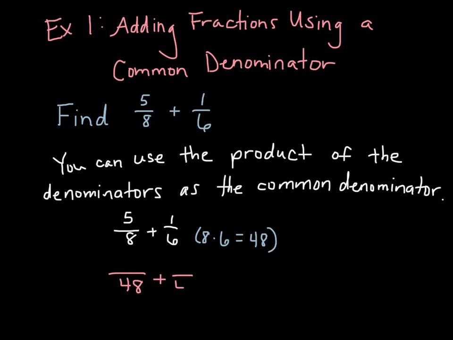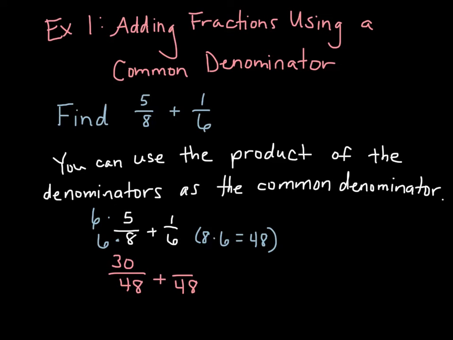And remember, when you're changing fractions, whatever you do to one part of the fraction, you have to do to the other. So in this case, 5/8, in order to make 8 into 48, you would have to multiply that by 6, and if you do that to the bottom of the fraction, then you're going to have to do that to the top. So 6 times 5 would give you 30, so that would be your new numerator for that fraction.